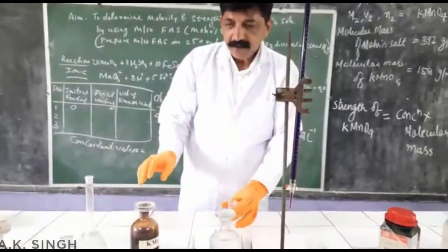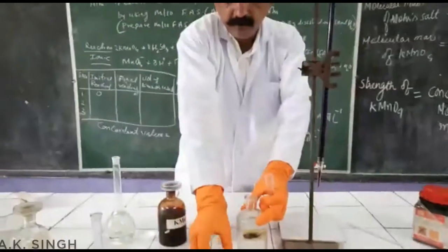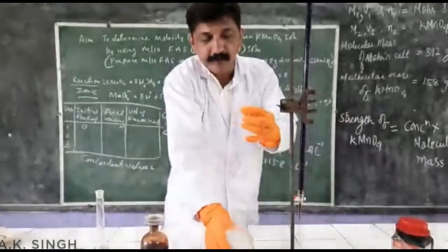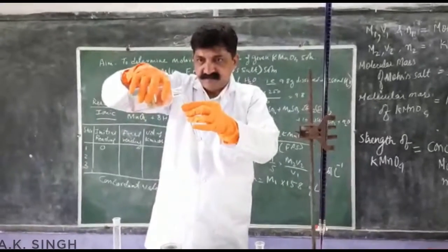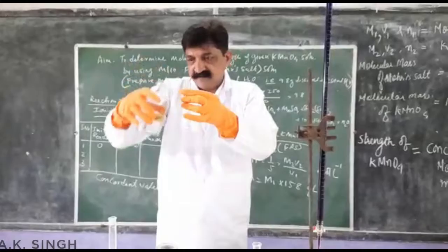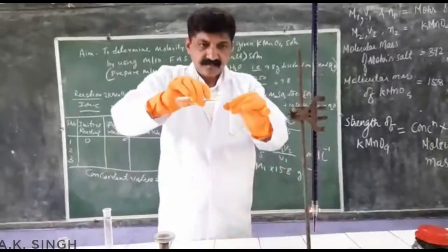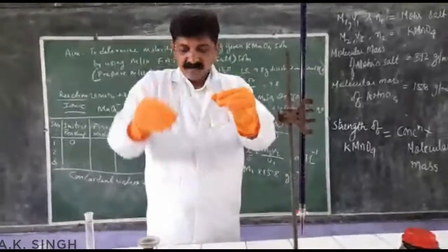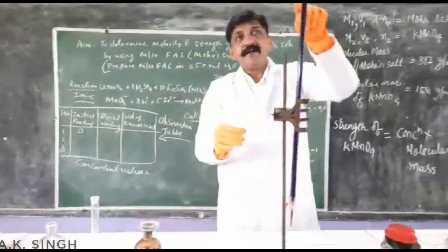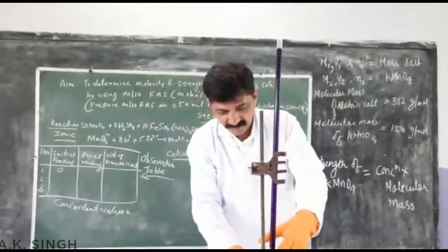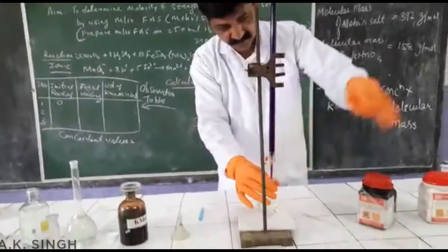Then add half test tube of dilute sulfuric acid. Now this is dilute sulfuric acid. So we have to titrate this solution against KMnO4. Initial reading is 0. Let us see what happens. Observe the reaction.